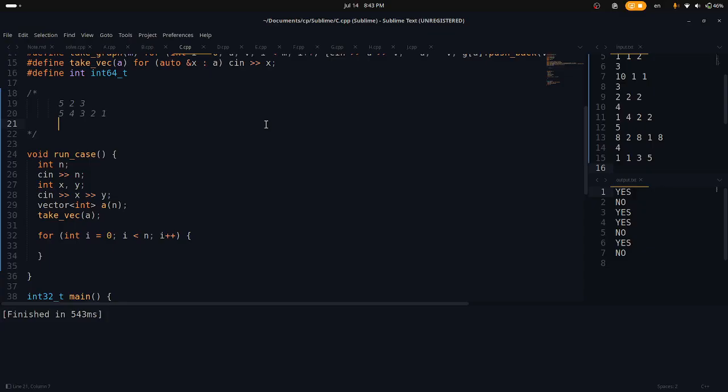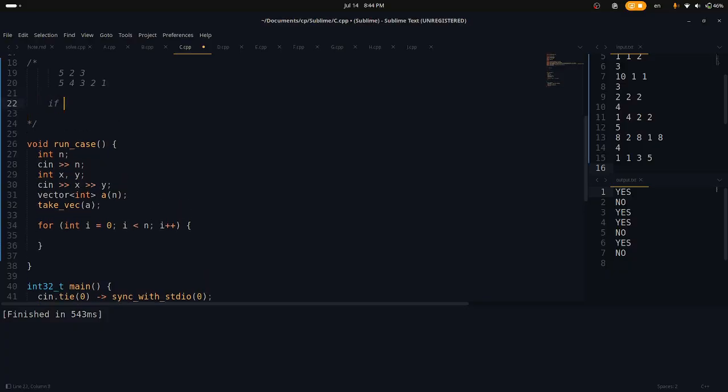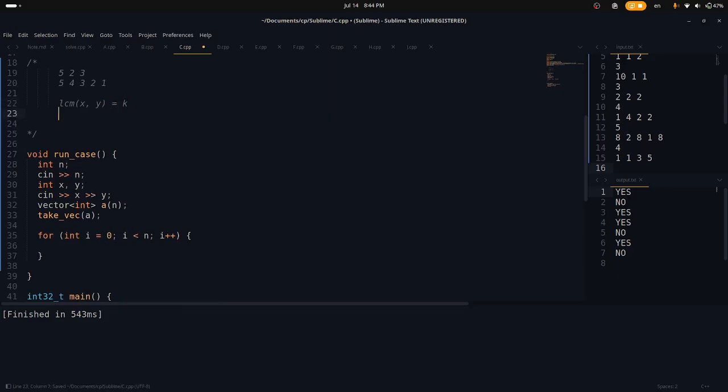And then you can also probably swap, but there is a simple number theory here: if the LCM of x and y is, let's say, k, then we have this position k by which we can definitely swap any elements.